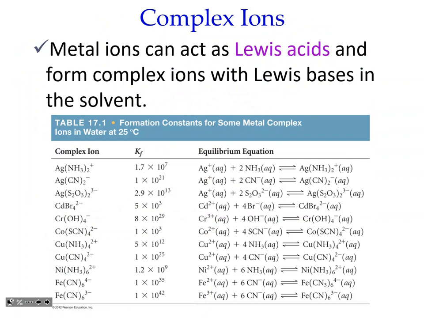Remember the cobalt complex from the Le Chatelier principle lab and stuff? Those were complex ions there. A lot of them followed this Lewis acid, Lewis base model. And the metals, these metal ions are going to be your cations usually. And then they add on like ammonia, cyanide, thiocyanate, hydroxide, various different ones.